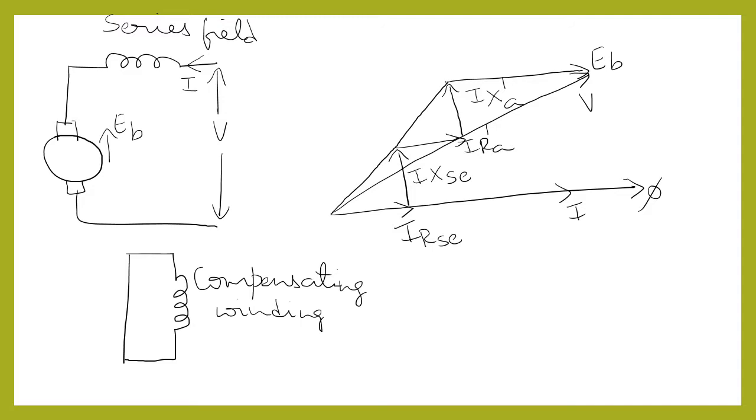So in the phasor diagram we can see the terms RA dash and XA dash, which are the equivalent resistance and reactance of the armature and compensating winding, referred to the armature circuit. So the use of compensating winding will improve the power factor of the motor, which can be seen in the phasor diagram.